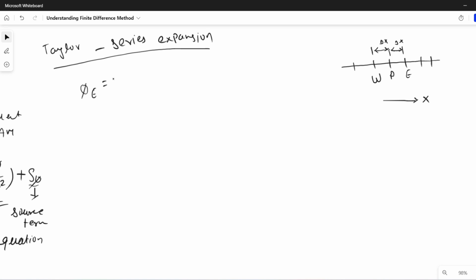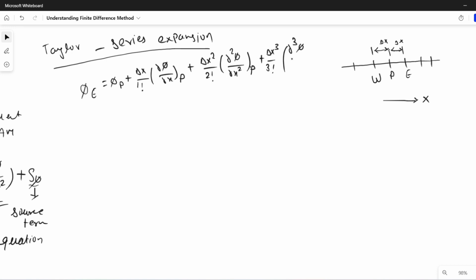So from Taylor series expansion we can write φ_E is equal to φ_P plus Δx divided by 1 factorial multiplied by ∂φ/∂x at point P, plus Δx² divided by 2 factorial multiplied by ∂²φ/∂x² at point P, plus Δx³ divided by 3 factorial multiplied by ∂³φ/∂x³ at point P, and so on and so forth. So this is from Taylor series expansion.